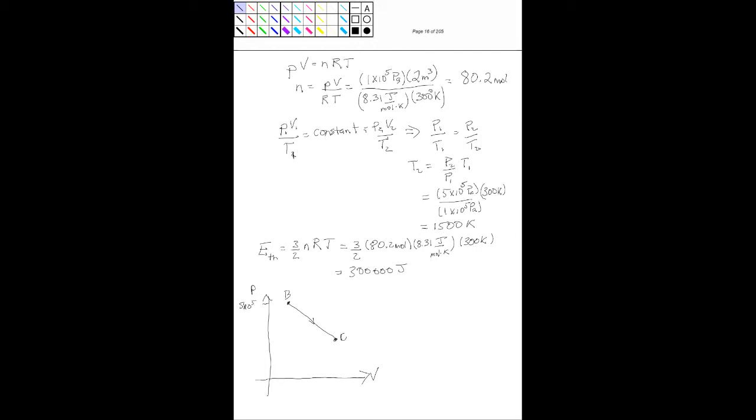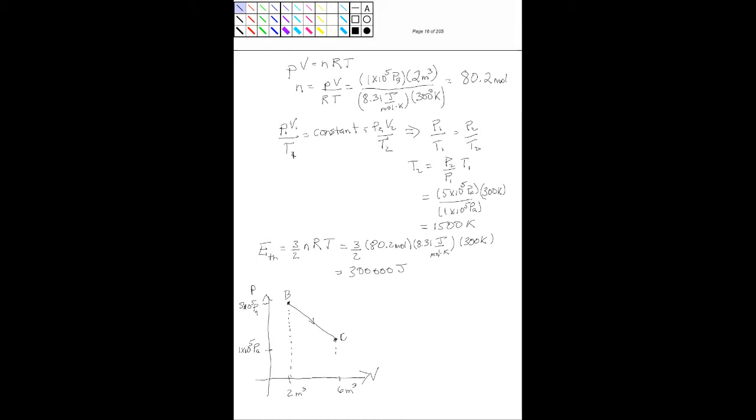Oops, that's a 10 there. The pressure at C is 1 times 10 to the 5 Pa. And of course volume increases from 2 meters cubed to 6 meters cubed. Okay, so what we want is the area under this curve.